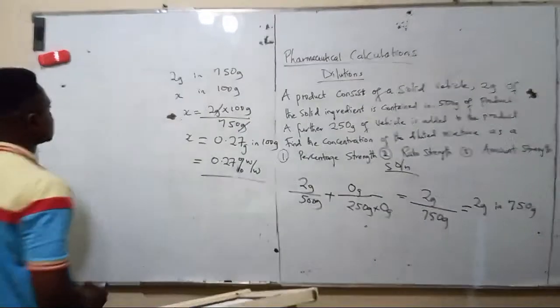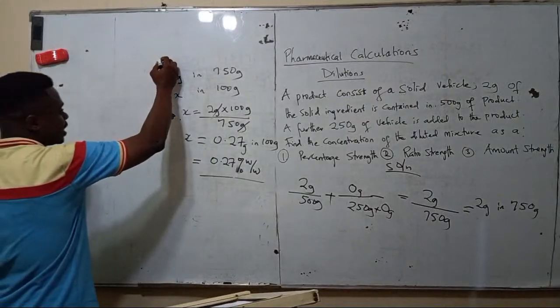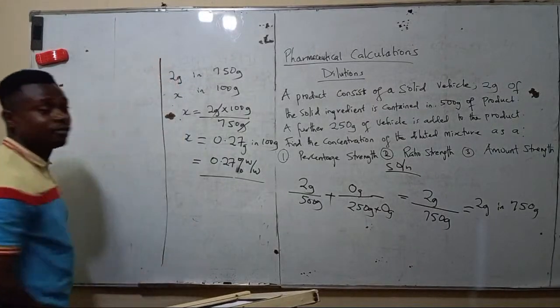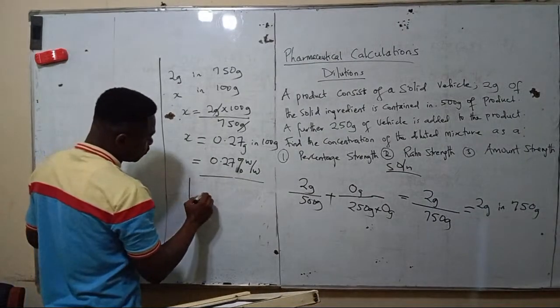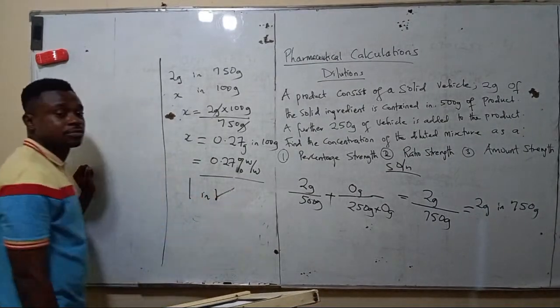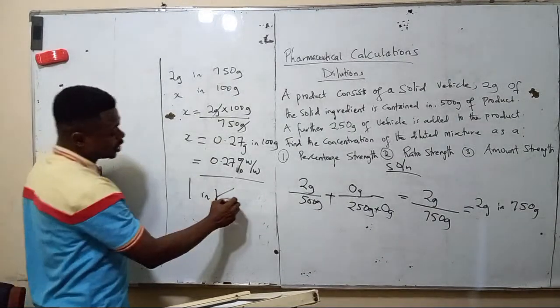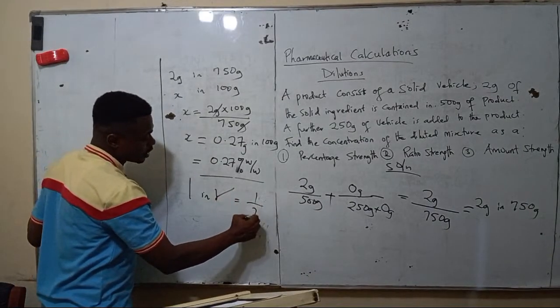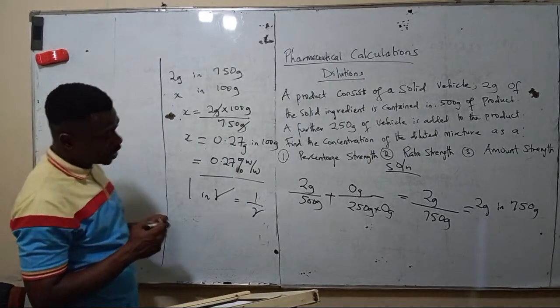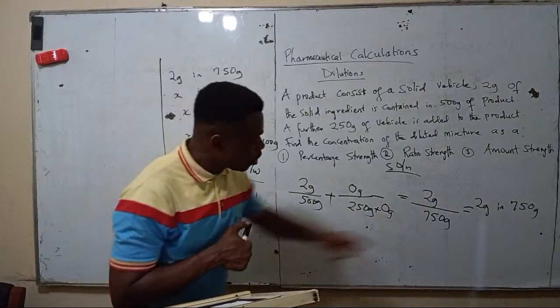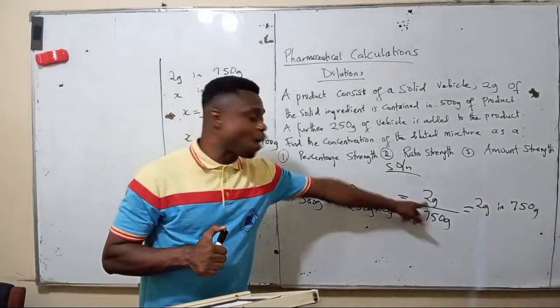Ratio strength is expressed in this form: 1 in R. What it means is something like 1 over R. We are going to reduce the numerator until it becomes 1.